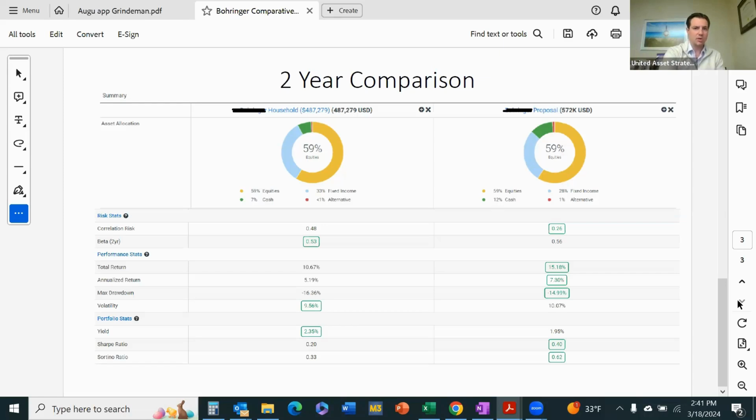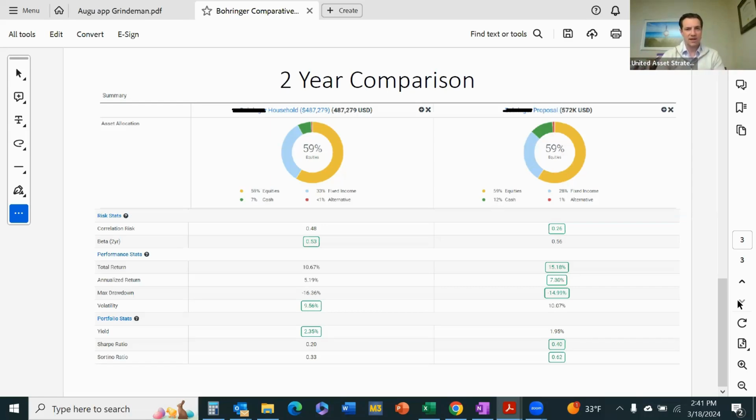We keep this short because when we're looking at this comparative analysis, it's looking at the current snapshot, and then it's back testing it for 2 years. But we know in reality that oftentimes you're buying or selling, or you don't have the same positions for longer than 2 years.